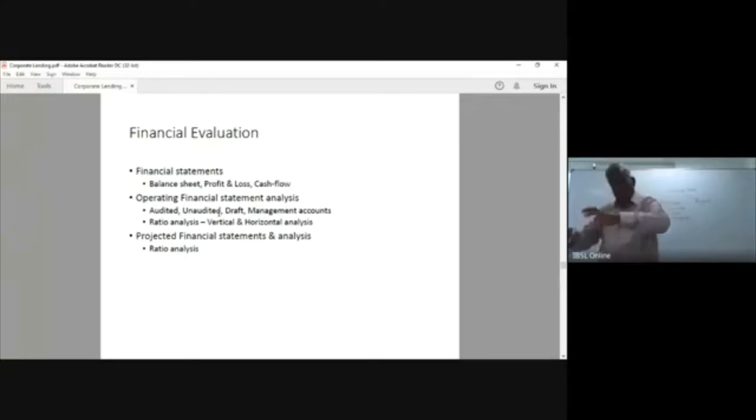Draft means there could be more improvement and more amendments may come in. Unaudited, yes, and audited is the final. And then the management accounts. So these accounts, audited, unaudited, and draft, are for one full accounting year.